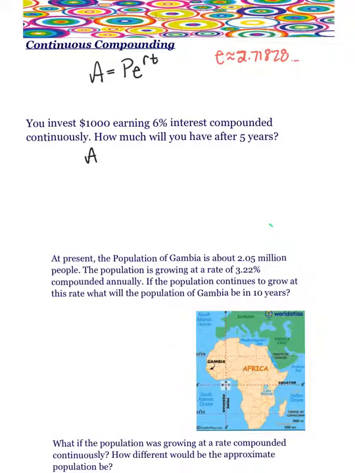So if I have that $1,000 times e raised to the 0.06 times 5, let's see, I end up with $1,349.86. So notice that is more than quarterly, and the quarterly was more than the annually. So the more times I compound interest, the more money I'm going to have in that account.